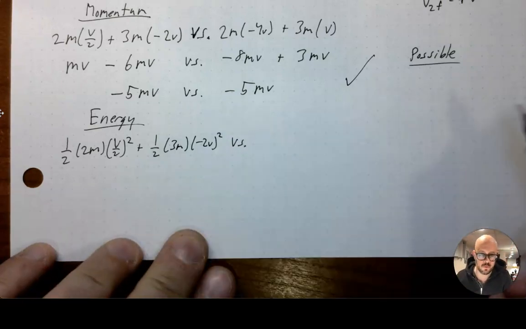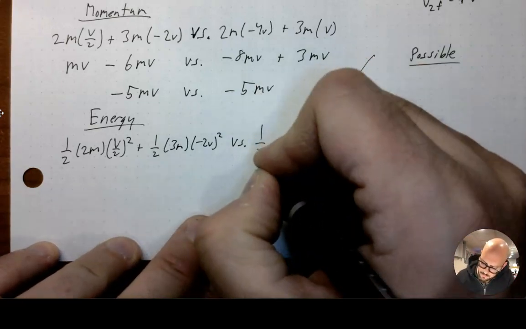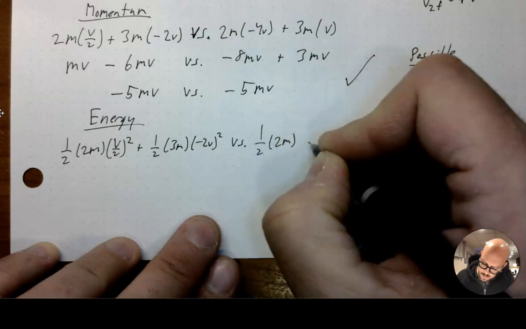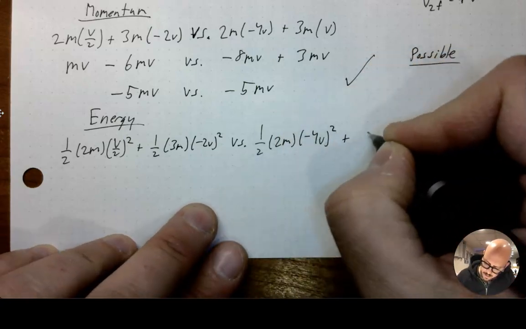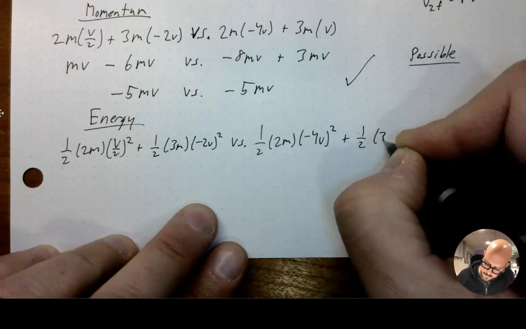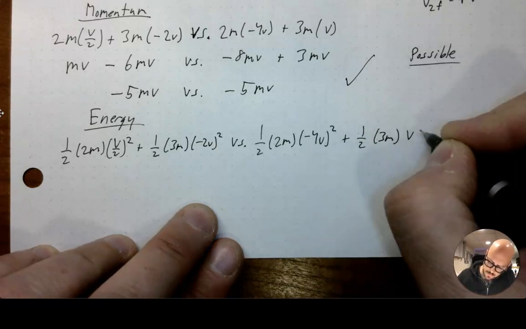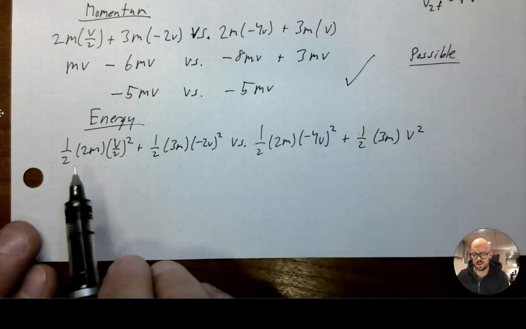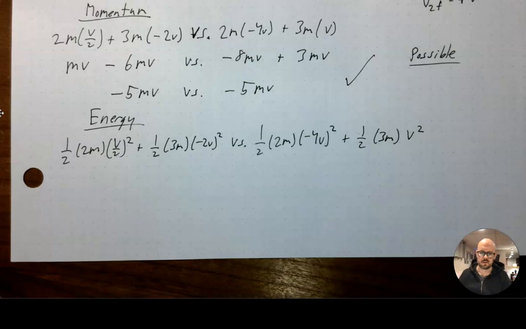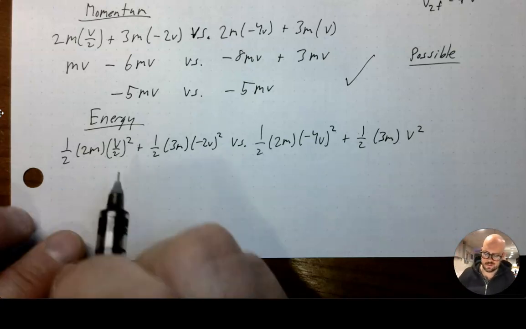Versus, so that's the before. 1/2 times 2m times negative 4v quantity squared, plus 1/2 times 3m times v squared. Now, since you're just comparing initial and final energy, and kinetic energy has a 1/2 in it, you could just not write the 1/2, but you know, it's there.